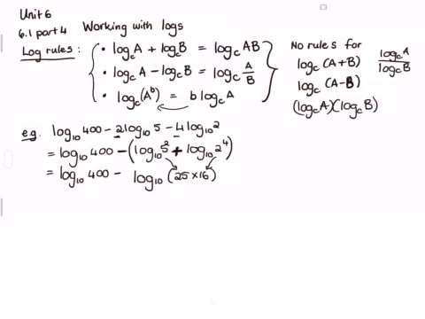So that was rule 1. Now we're going to use rule 2, where it becomes a single log where I divide. And 25 times 16 is also 400. So this is log base 10 of 400 over 400.